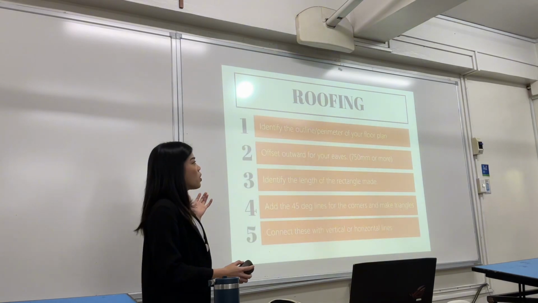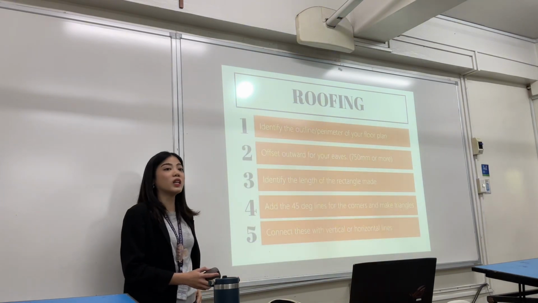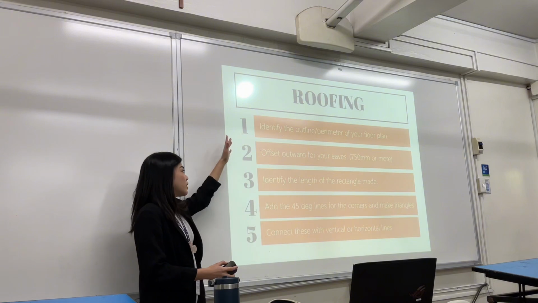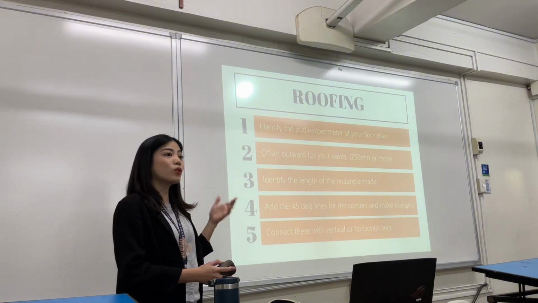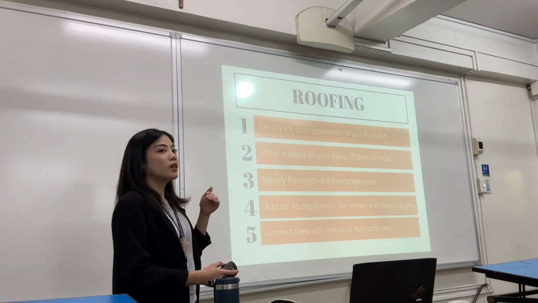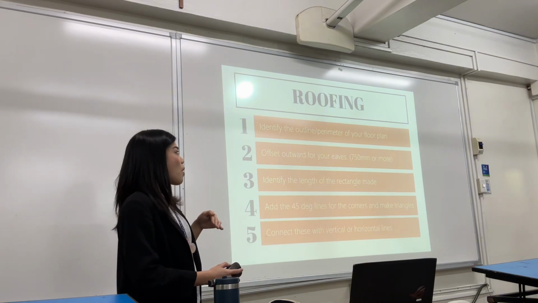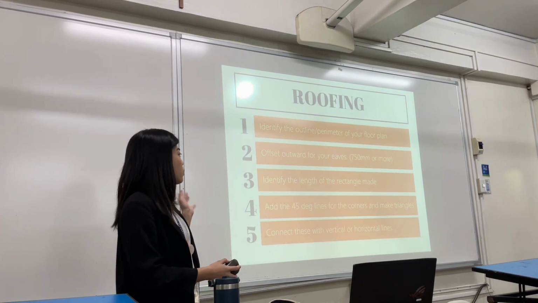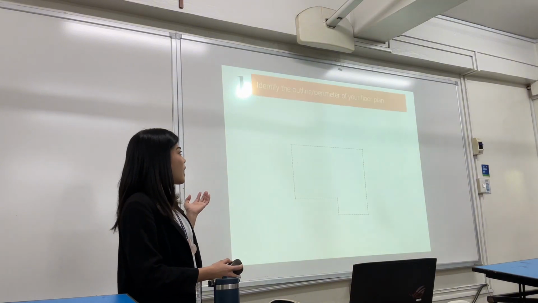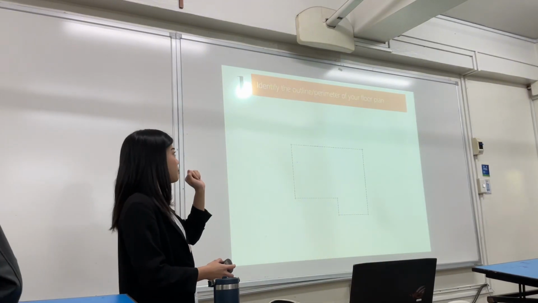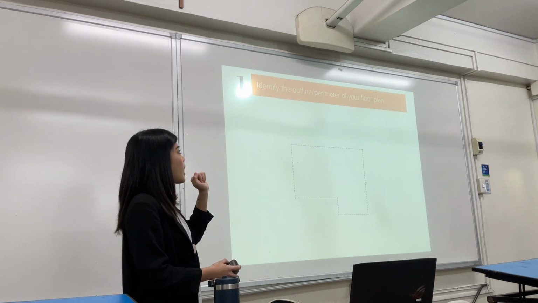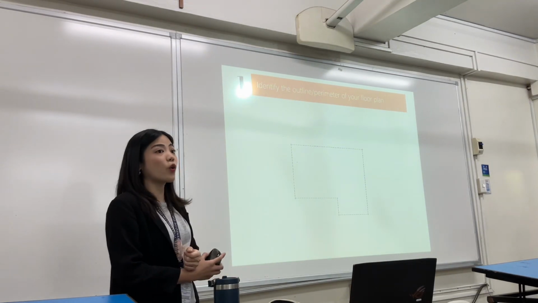So how do you start with your roof plan? Actually, it's very easy, but you can follow these 5 steps. You can have your own steps, but para to follow lang, these are required for our activity and for our play, we have these 5 steps. So, isa-isahin natin siya. First, identify the outline or perimeter of your floor plan.